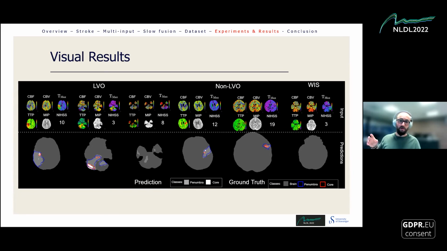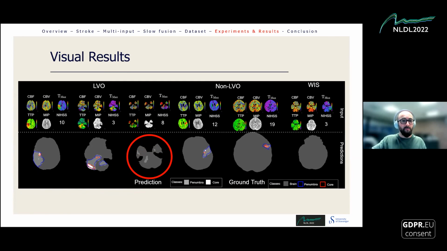As you can see, most of the results are satisfactory regardless of the group, whether a large vessel occlusion group, a non-large vessel occlusion group, or even without any ischemic stroke. But I would like to focus not on the good part but on the bad part, because here you can see some false positive predictions for penumbra.